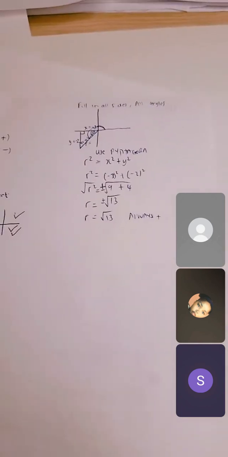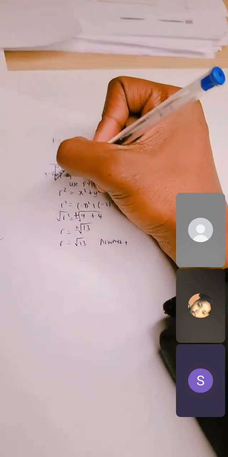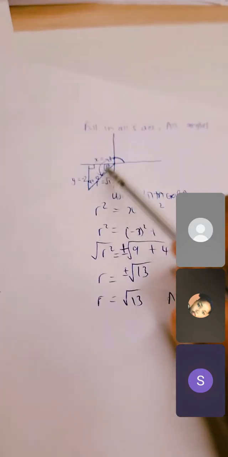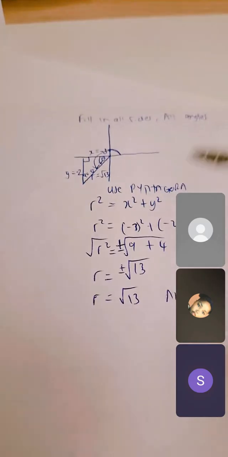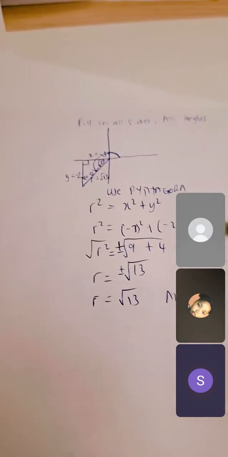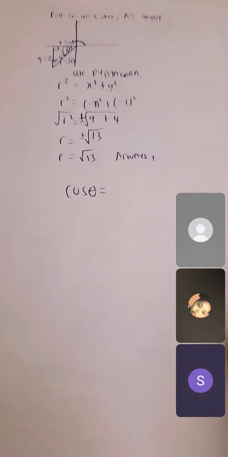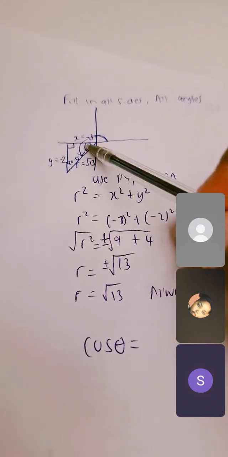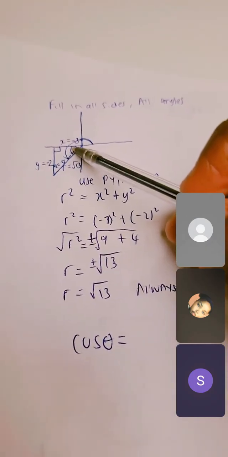Then we go and complete the diagram. Root 13. This is a full complete diagram. Now you can answer the questions that relate to that diagram. The first one is to calculate the value of cos theta. We go to the diagram. Where's theta? There is theta. What is cos?